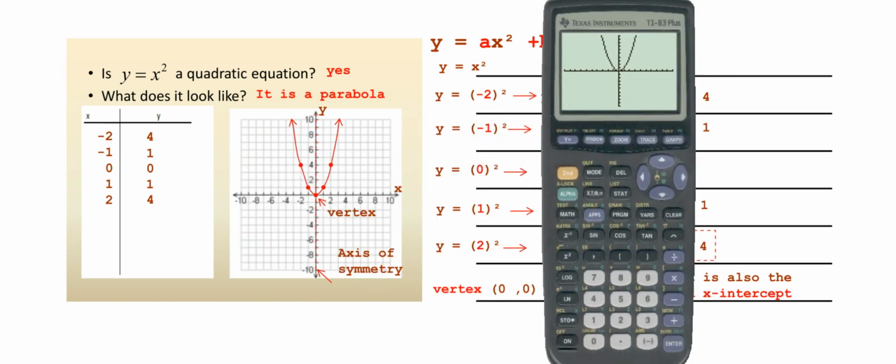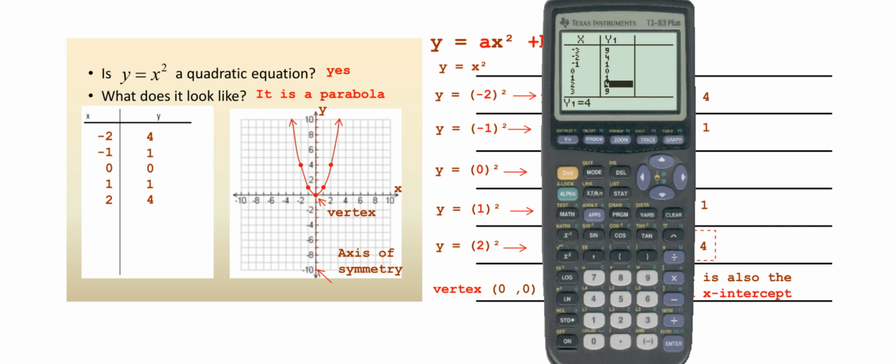But in this case what we're looking for is to be able to fill in the table later on. Press the second button, then graph, at the top right, and that should now give you a table. And from here you can fill in your table. So if we notice, -2 gives us 4, and then -1 gives us 1, 0 gives us 0, and then 1 gives us 1, and then once again 2 gives us 4.